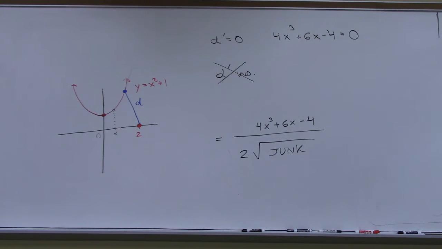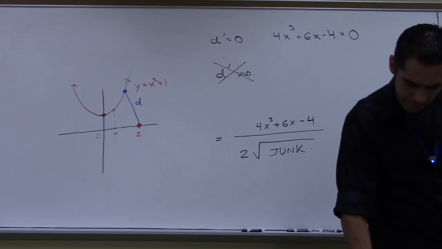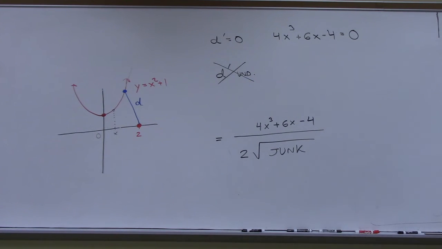This won't take long. Are you all following what I've done so far? I was really hoping the algebra of that would work out a little better. But, hey, it is what it is. So I'm going to solve 4x cubed plus 6x minus 4.